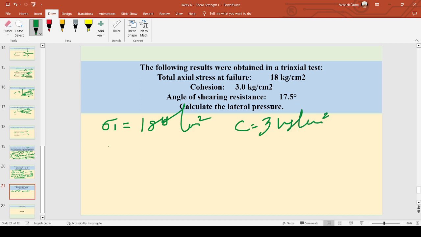Phi, the angle of shearing resistance or angle of internal friction, is 17.5 degrees. From this phi we can find out alpha. Alpha equals 45 plus phi by 2, which is 17.5 divided by 2 plus 45. It gives a value of 53.75 degrees.